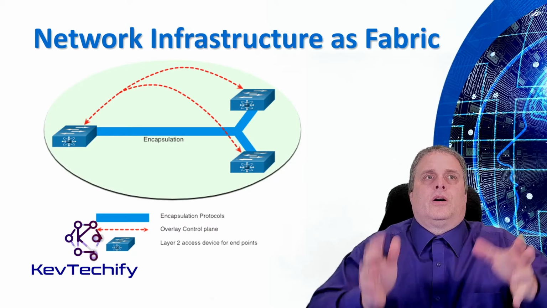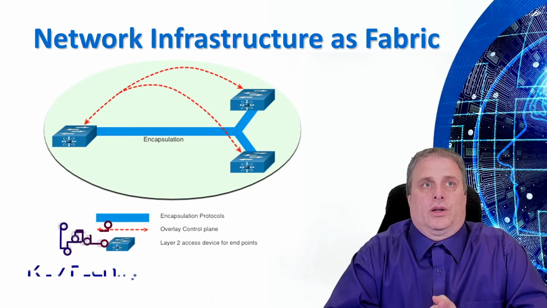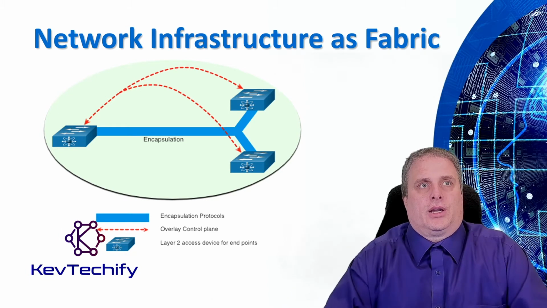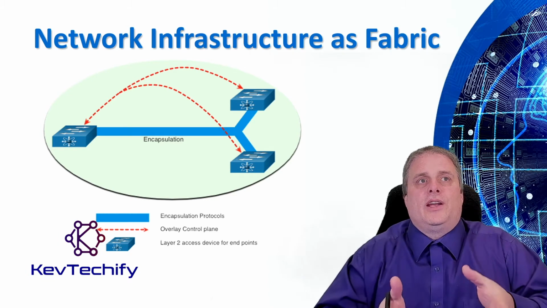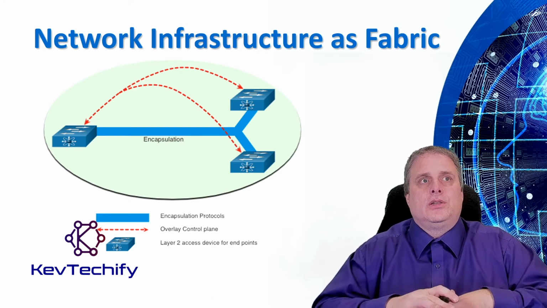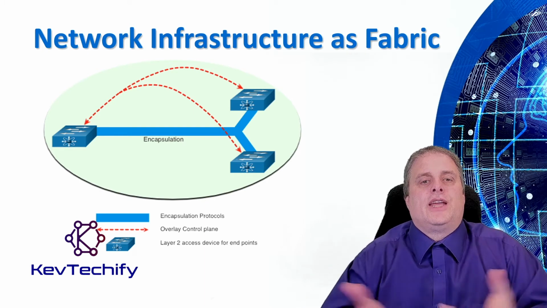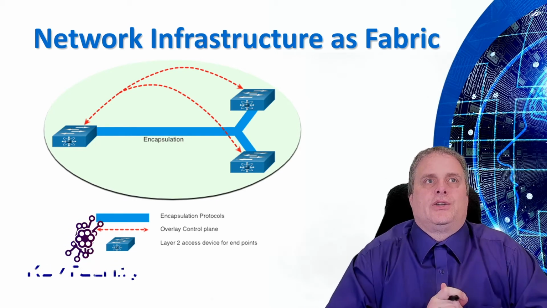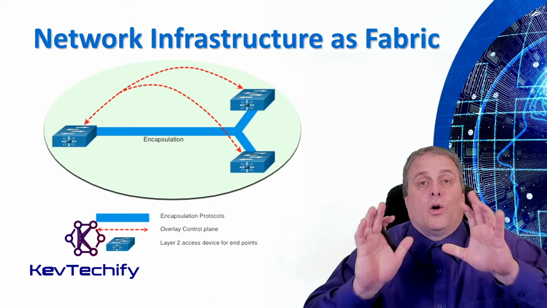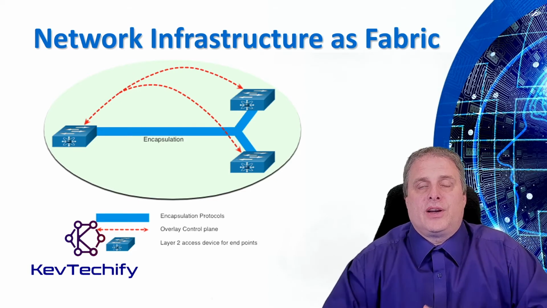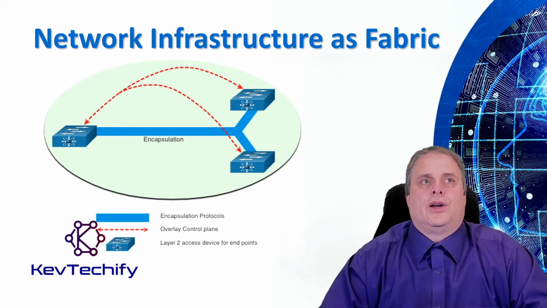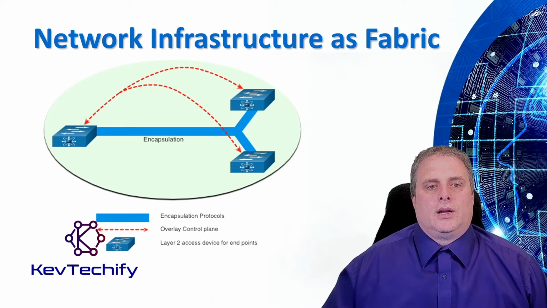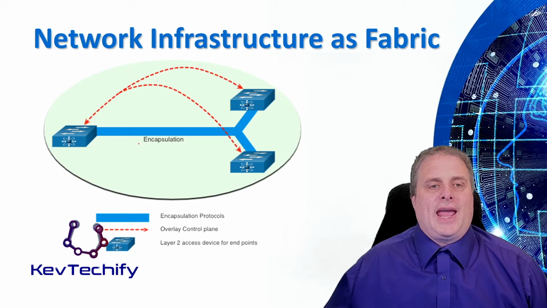From the view of our intent-based network, the physical and virtual network infrastructure is a fabric. Now, it's an overlay here that represents the logical topology used to virtually connect your devices together. Now, the overlay limits the number of devices that you, the network administrator, must program and provide services. This overlay is where encapsulation happens.